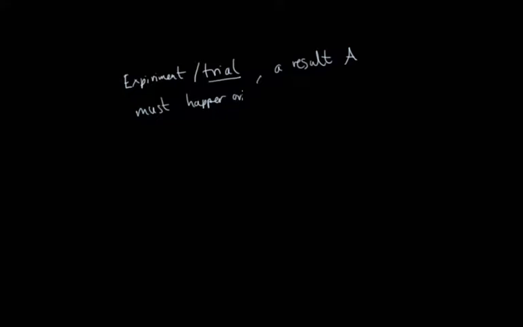So when you conduct a probability experiment or trial, then a particular result A must either happen or not happen.